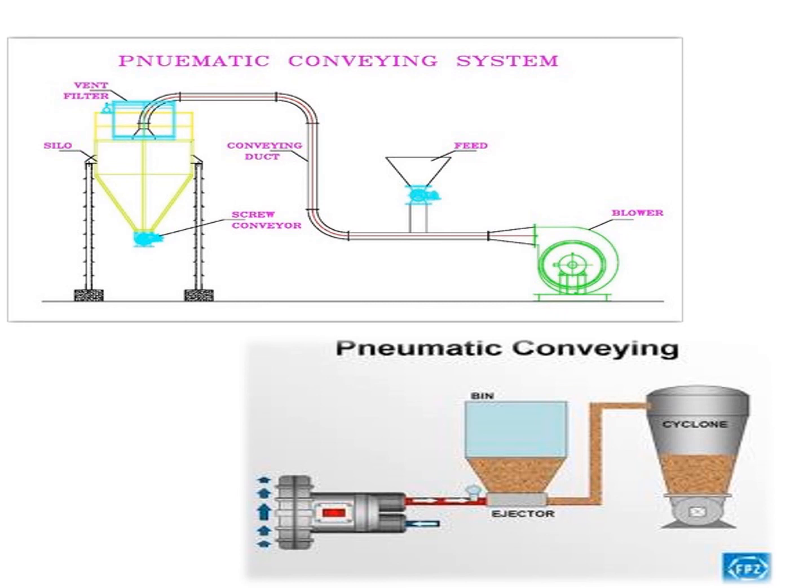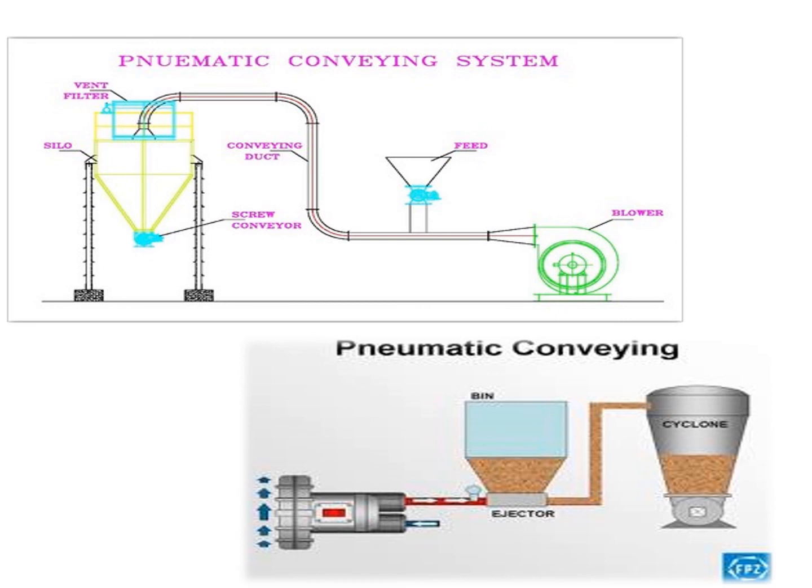When the system's air mover is placed at the start, the system operates under pressure to convey the material. When the system's air mover is placed at the end, the system operates under a vacuum to convey the material.